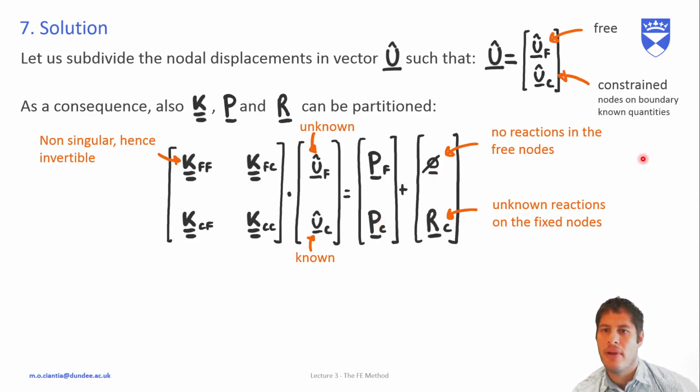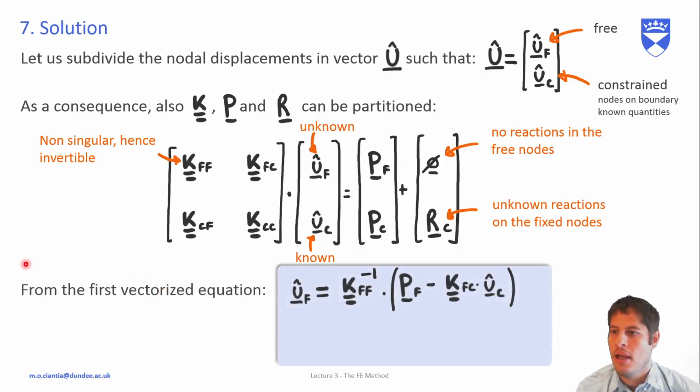So there are no reactions in the free nodes, but there are unknown reactions on the fixed nodes. And this is the nodal load vector due to the boundary loads, so surface pressures or body forces, they become equivalent nodal loads.